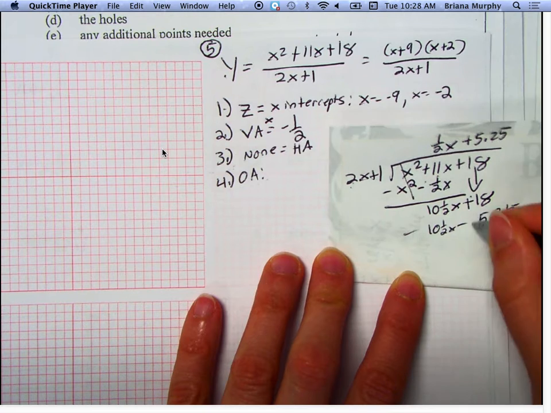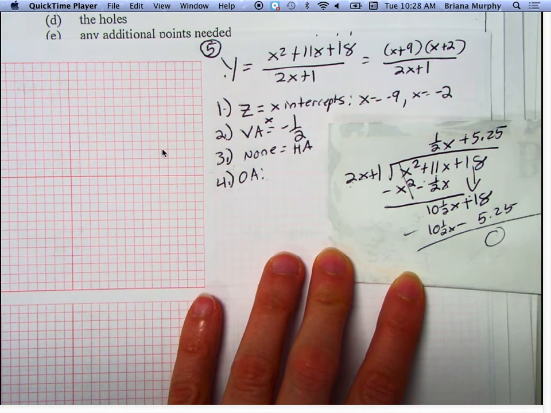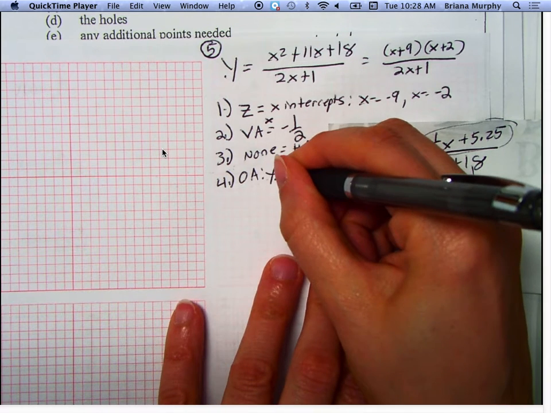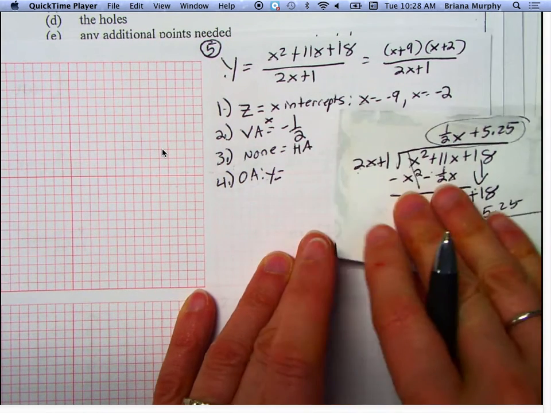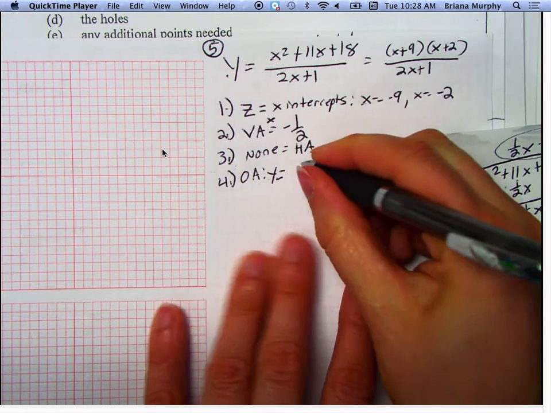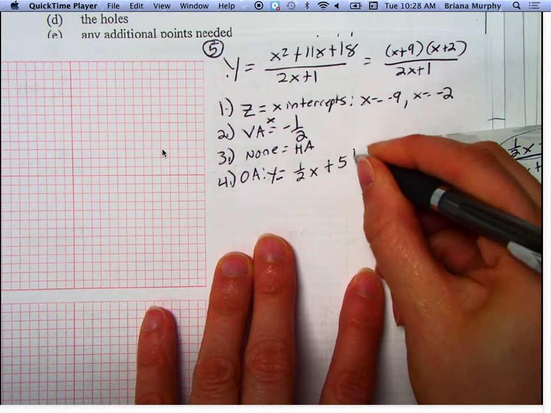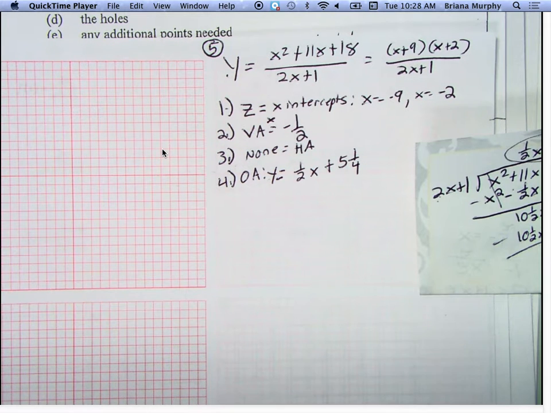We subtract, but I don't care what the remainder is, right? This is my oblique asymptote. y equals 1/2 x plus 5 1/4. I'm going to write it as 5 1/4 because I think fractions are easier to graph than decimals.